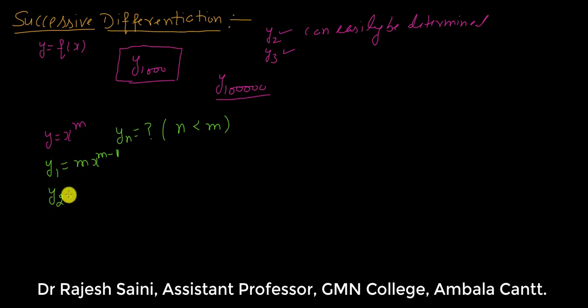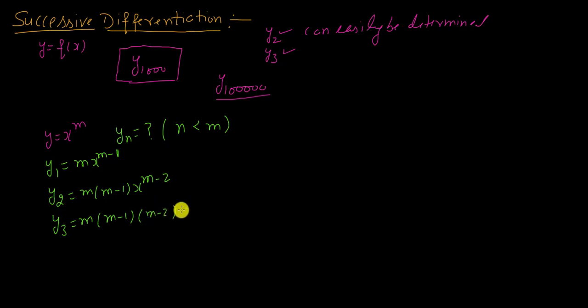It will be y2, which is m times m minus 1 x raised to the power m minus 2. We will again differentiate, y3 is equal to m times m minus 1 times m minus 2, x raised to the power m minus 3.